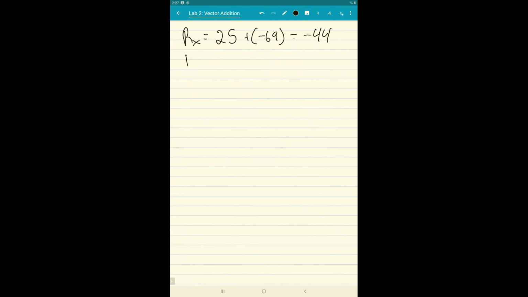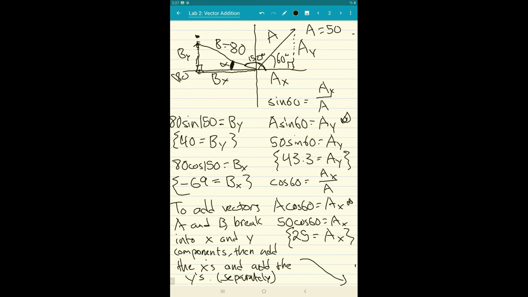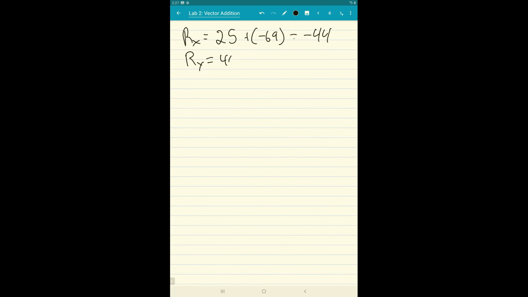R sub y, same deal, different numbers. I've got 43.3 and I've got 40. So 40 plus 43.3, I'm going to have 83.3.